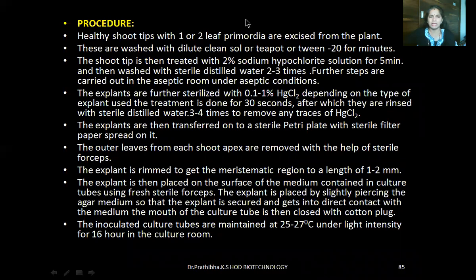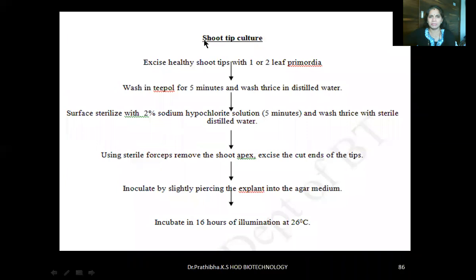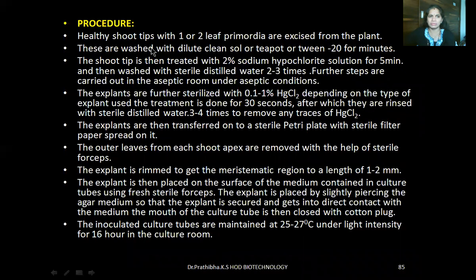Have a look. If you find this procedure very difficult, please go through this flowchart procedure of shoot tip culture. In the examination hall, if the examiner asks you to write only the procedure, always follow this procedure by writing in a flow chart. Don't write it like sentences in bullet points.